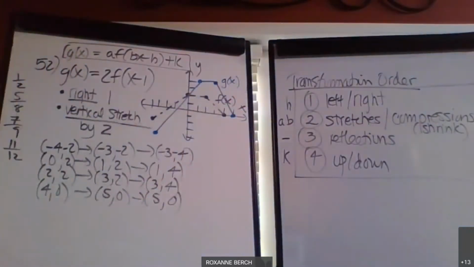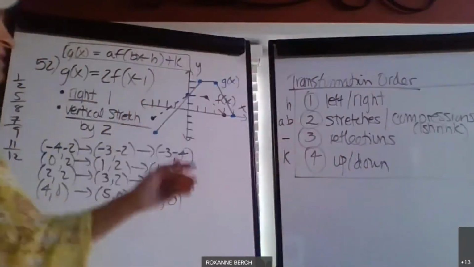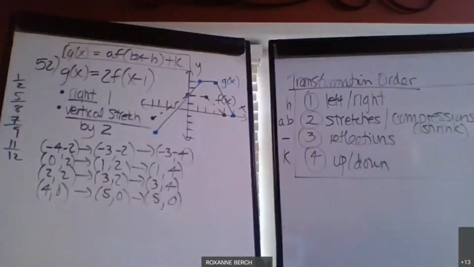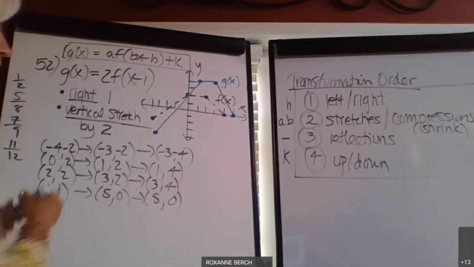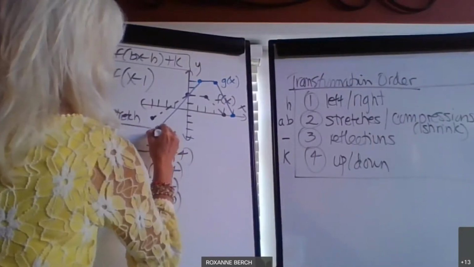Now, does that guy look like he was shifted right and vertically stretched by 2? Vertical stretch looks like this, right? So it looks like he was stretched. And it does look like he was shifted right, right?